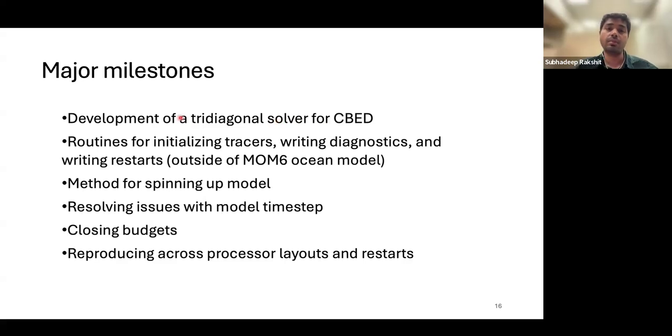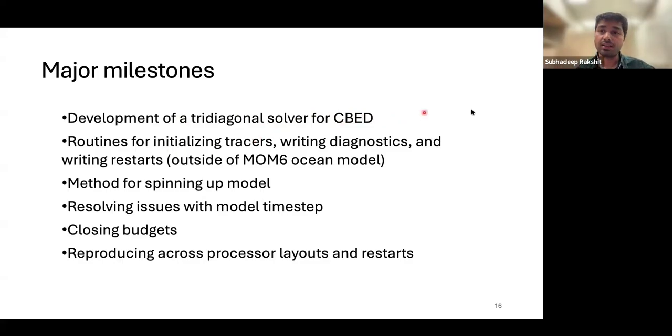So we had to come up with a new tri-diagonal solver for the seabed, which essentially handles the transport, and this is different from the MOM6 tri-diagonal solver, which transports the things for the Cobalt model. So it's a new solver within the seabed module, and it gives its independence compared to the MOM6 setup.